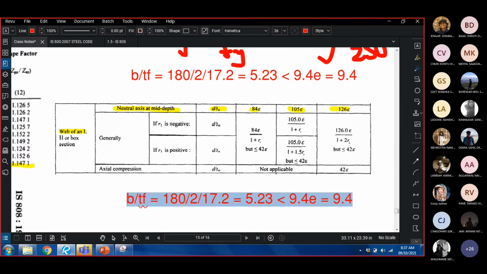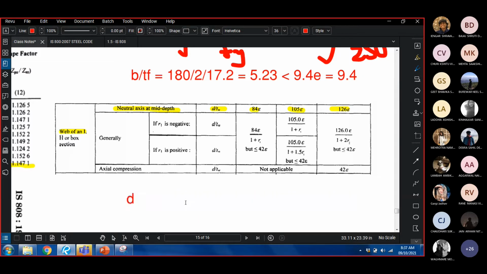Therefore, we need d divided by the thickness of web. So this is equal to the total depth, which is 500, minus 2 times 17.2. One flange is 17.2 mm thick. There were two flanges, 2 into 17.2.